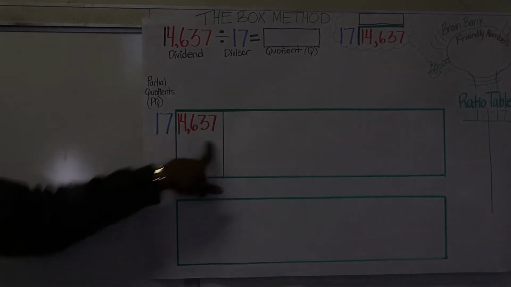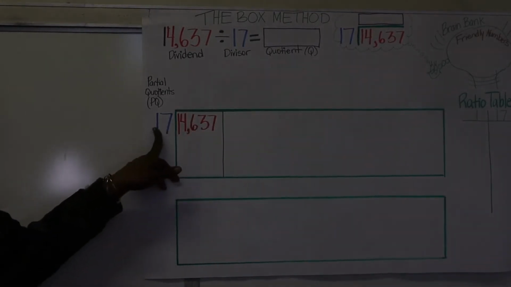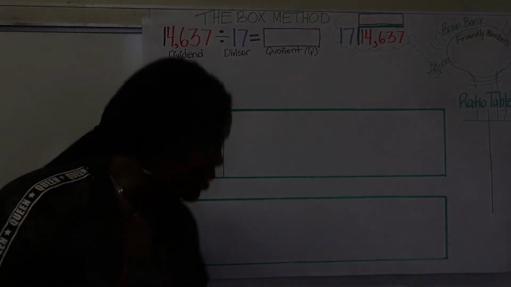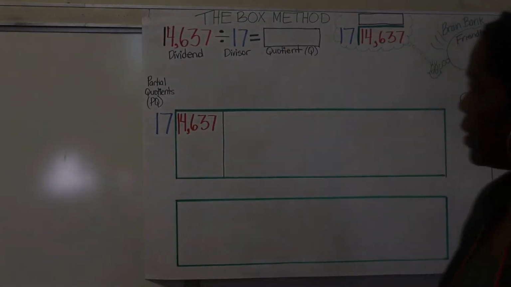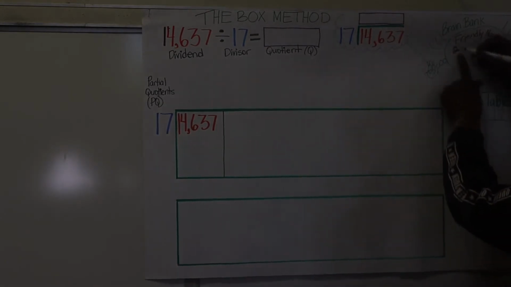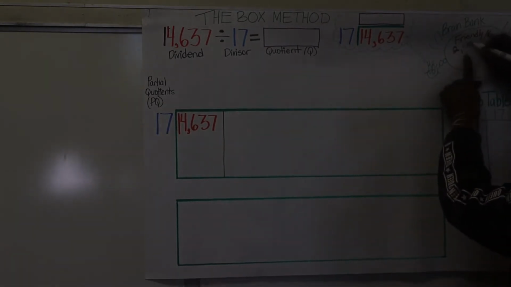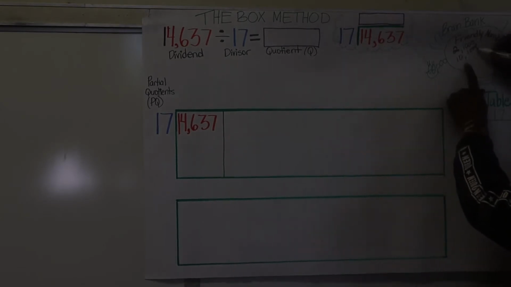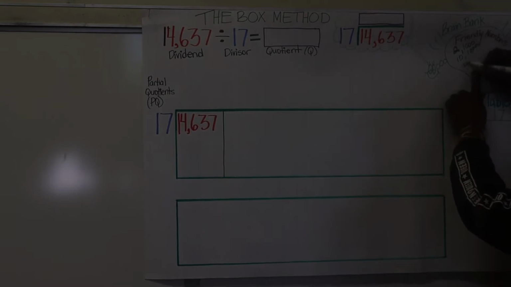We're going to start with the dividend, and here's our divisor. But we're already looking at our friendly what? Numbers. And what are some of our friendly numbers? 2. Okay, so 2 is a friendly number. 1,000. 10. 100. 20.